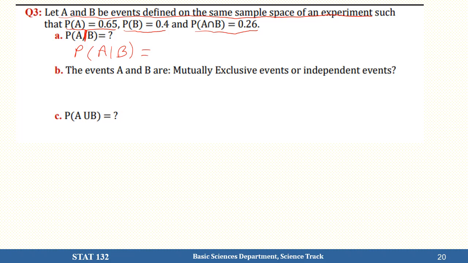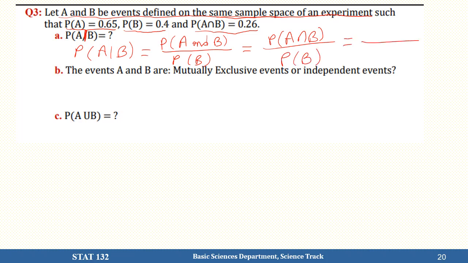Let's remember the rule, it will be the probability of A and B divided by the probability of B. Since they're in the same sample space, you can write the probability of A intersection B divided by the probability of B. The probability of B is 0.4, and the probability of A intersection B is 0.26. So then you can do the calculation.